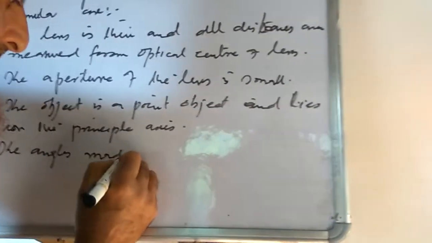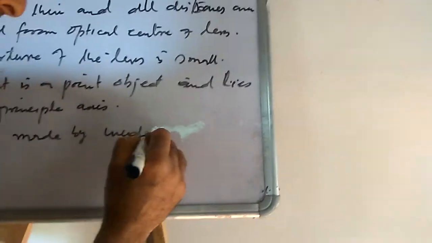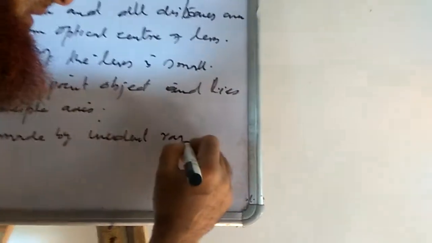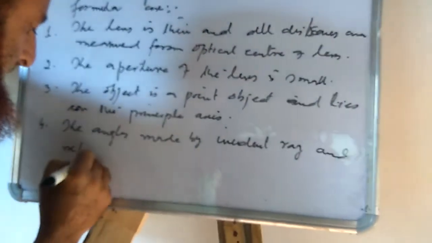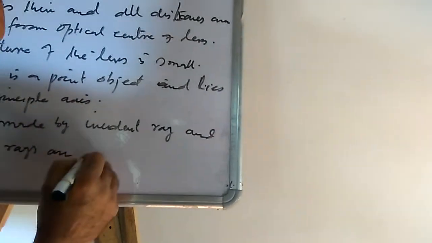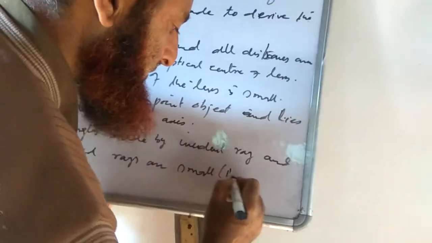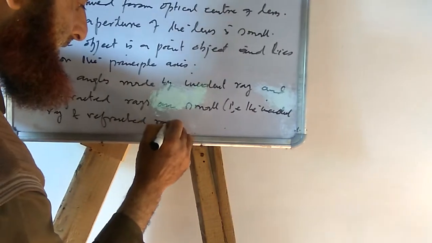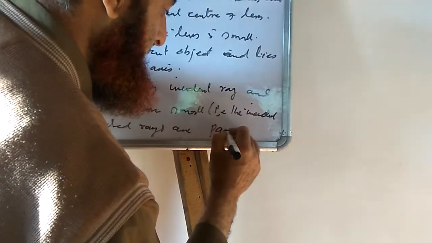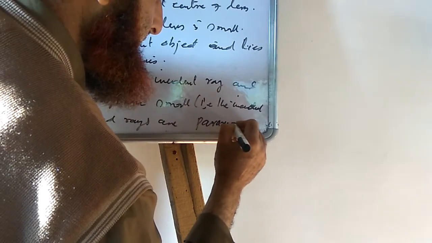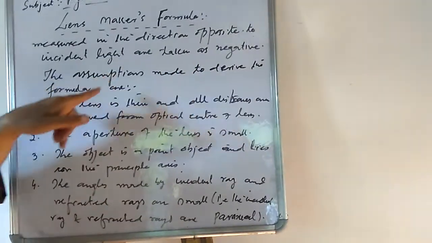Fourth one, the angles made by the incident rays and refracted rays are small, or in other words, we can say the incident rays and refracted rays are paraxial.